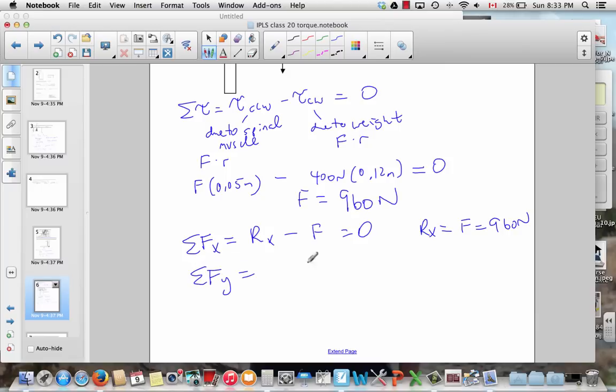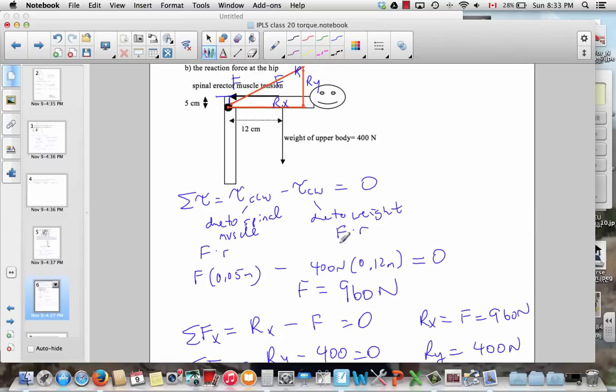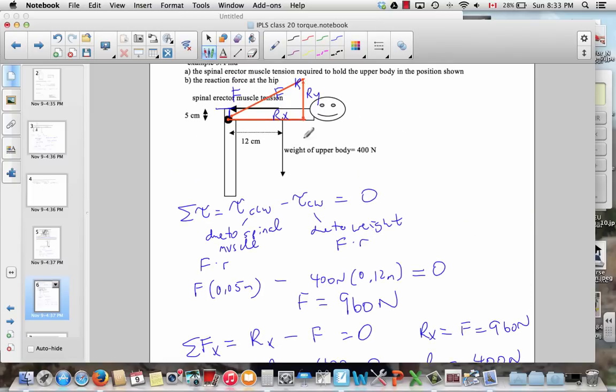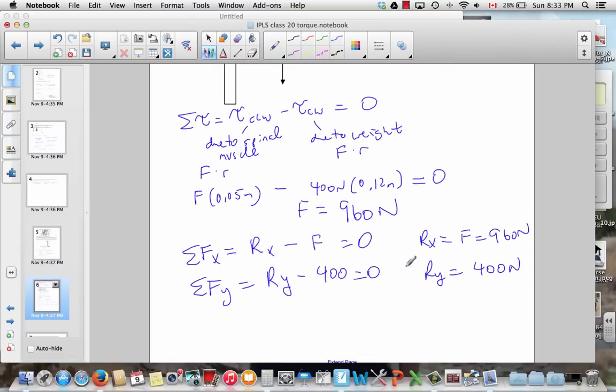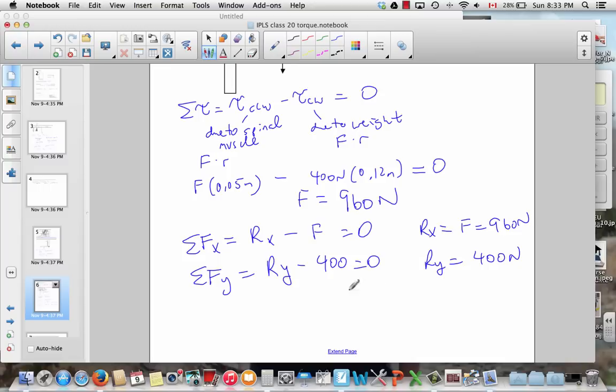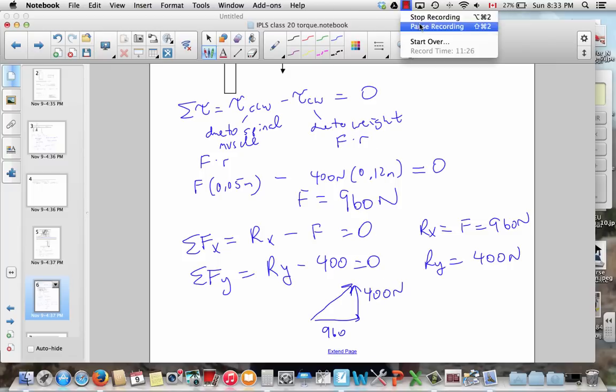In the up and down direction, you've got upwards reaction Y, and then you've got downwards weight, and they have to balance. So now the Y component of reaction must be 400 newtons. And if you wanted to find the overall reaction force at the hip, you could just now express this as a resultant of 960 and also 400 newtons, just using the Pythagorean theorem.